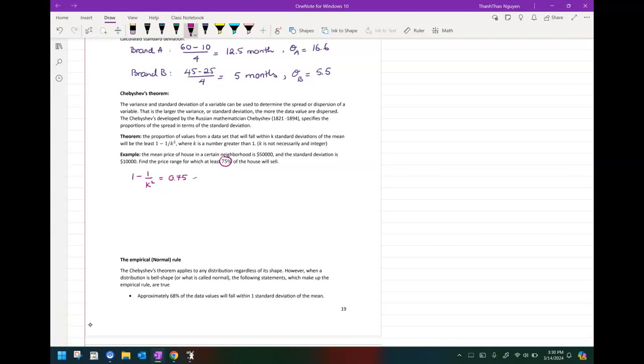We will solve for k. Solving for k, we get k equals 2. So this means that the houses in the neighborhood will fall within 2 standard deviations.